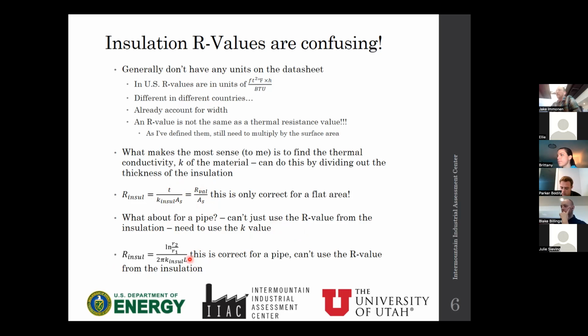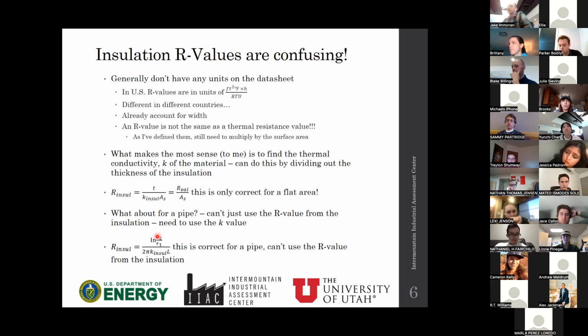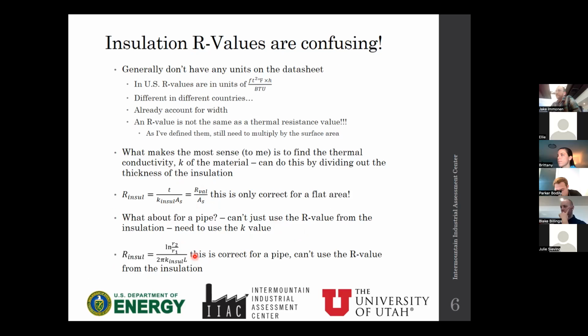For pipe geometry, you have to use the natural log of the ratio of the two radii over 2 pi, times the thermal conductivity of the insulation, and then times the length of the pipe. So all that to say is I would try to target finding the thermal conductivity of the insulation that you suggest rather than going off the R value on the product.